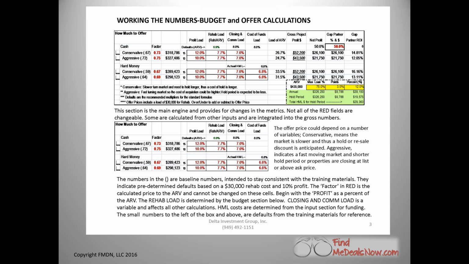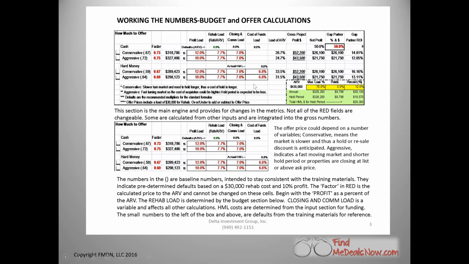But the reason that we want a column for the gap partner is so that you can bring in partners that are going to help you complete the transaction by putting up the funds, and whatever your profit relationship is with them is calculated out separately, so that you can give them a number to the tenths of a percent of the return. Pretty tight number.